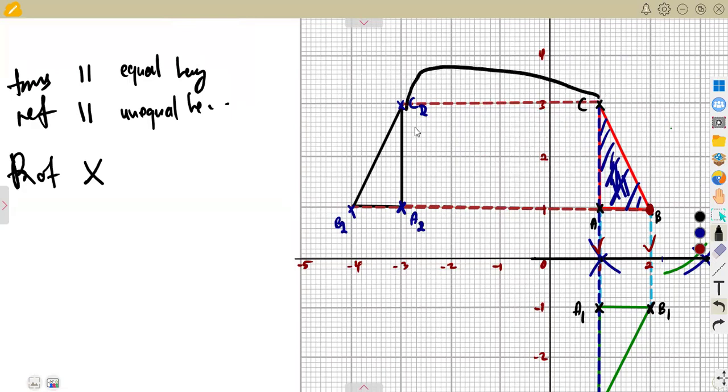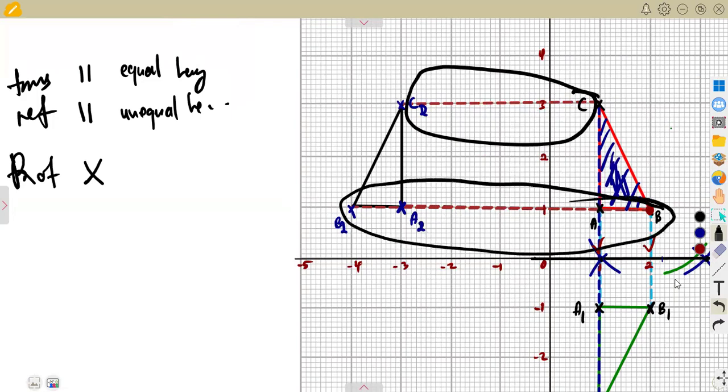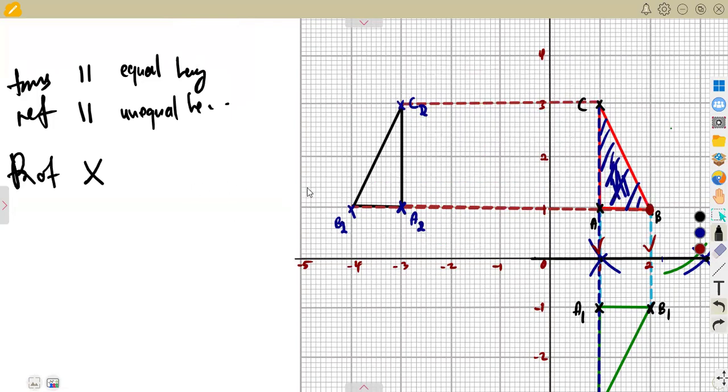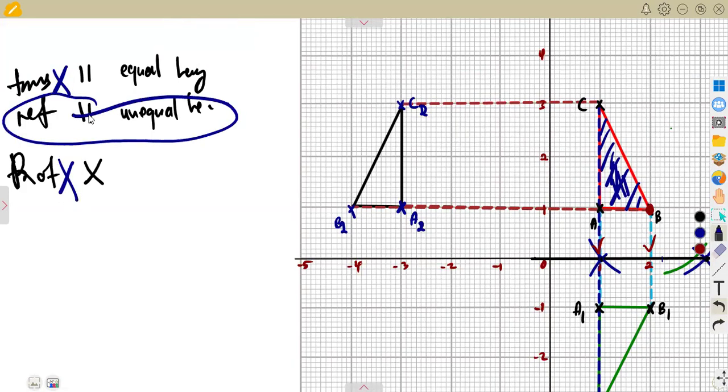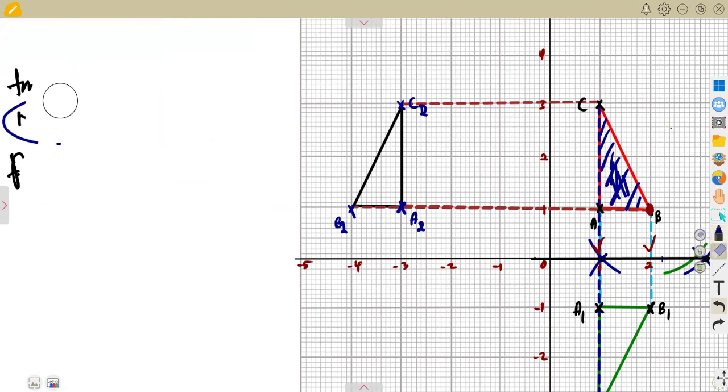Look, from C to C2, then consider from B to B2. Just consider this distance. They are not the same. So it means translation is out, rotation is out. We are just left with the reflection. It is the one which produces parallel lines of unequal length.